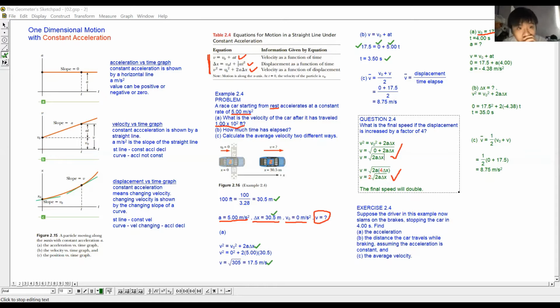Why did I put the meters per second again? Sometimes I make mistakes like that, and I see it when I go through.